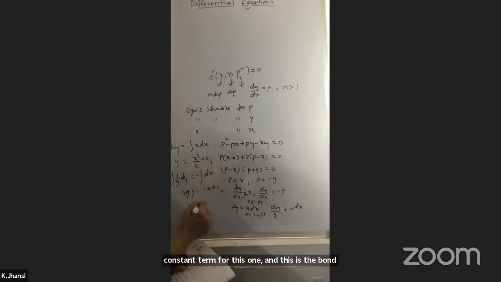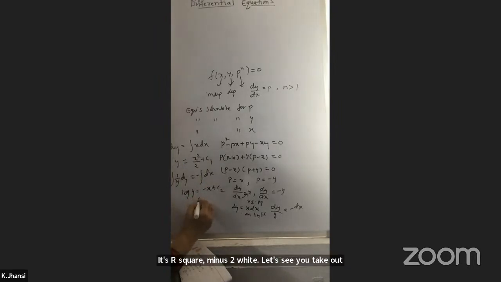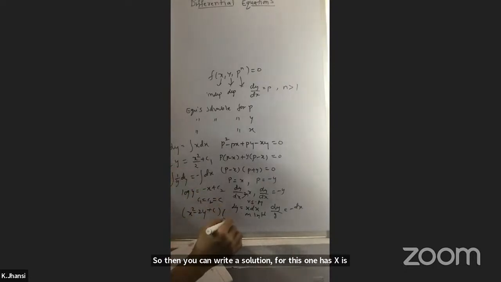When you write it as a general solution, you take two values, cross multiply, 2y minus x square, or else you can write x square minus 2y plus c. You take these two constants c1 and c2 as only one constant. Then you can write the solution for this one as x square minus 2y plus c into the other one.